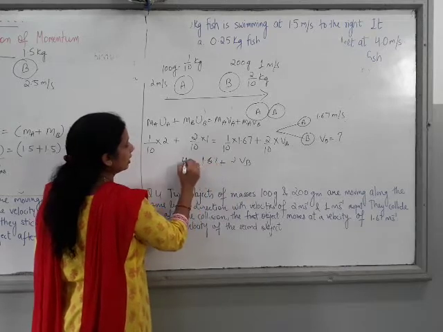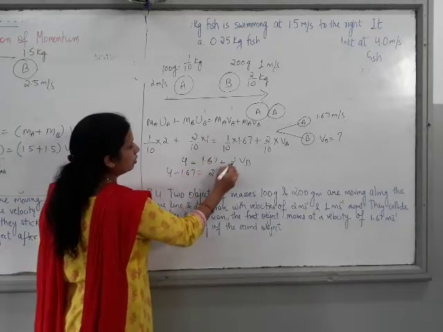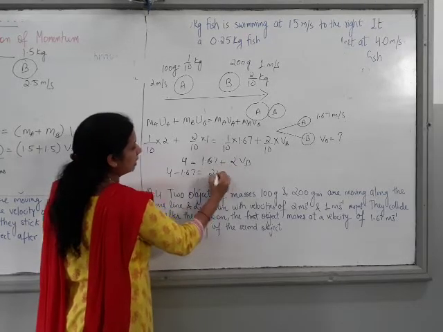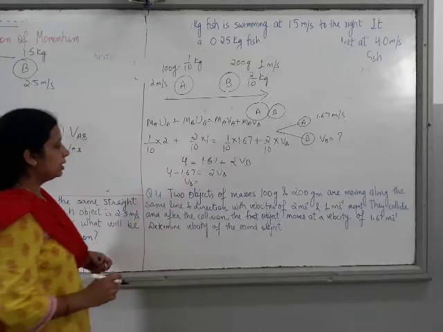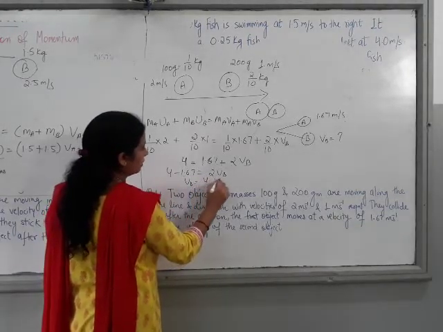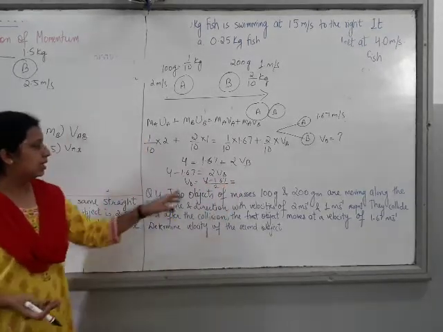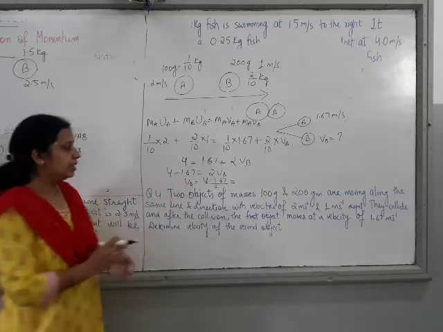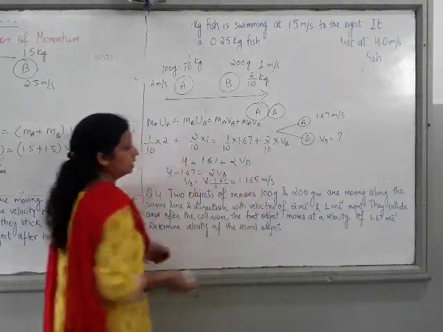When I solve this, 4 minus 1.67 equals 2 vB, or your vB is 4 minus 1.67 divided by 2. Find it out and you will get your vB. It will come around 1.165, which you can solve.